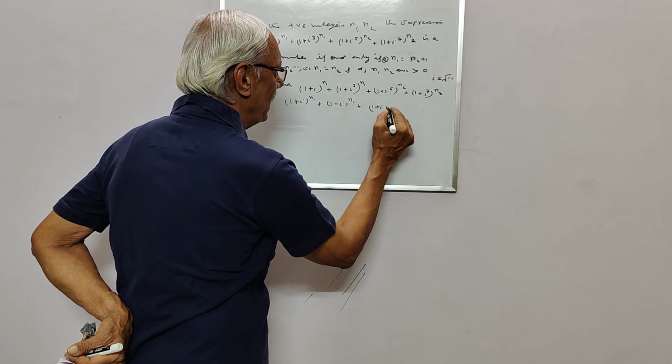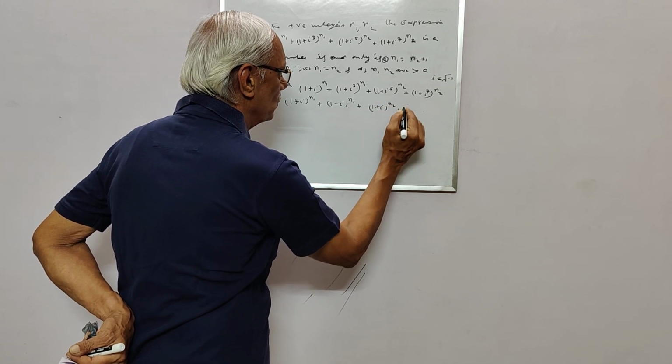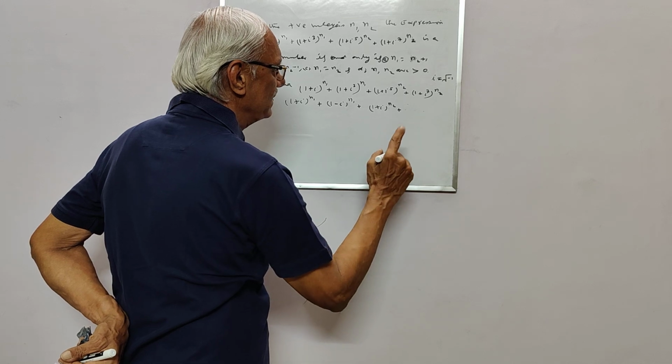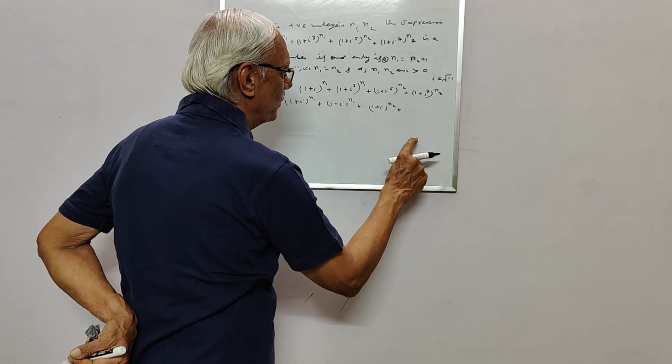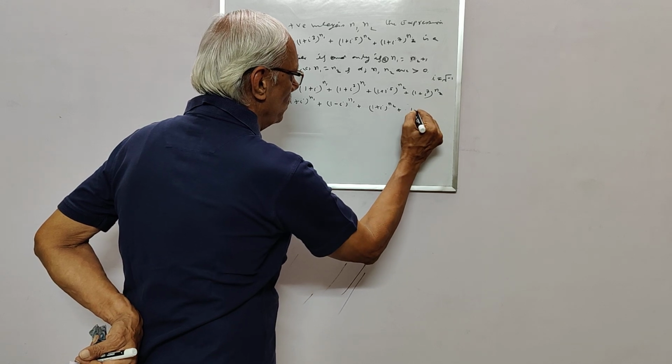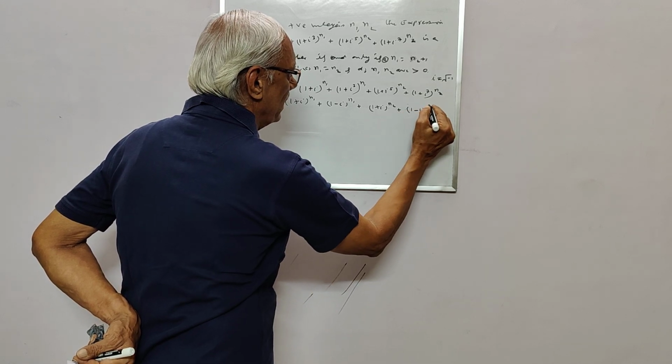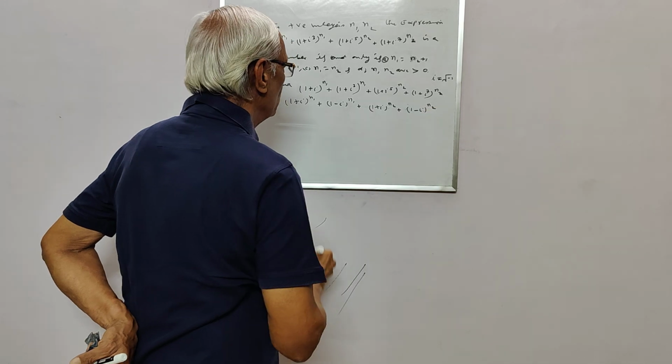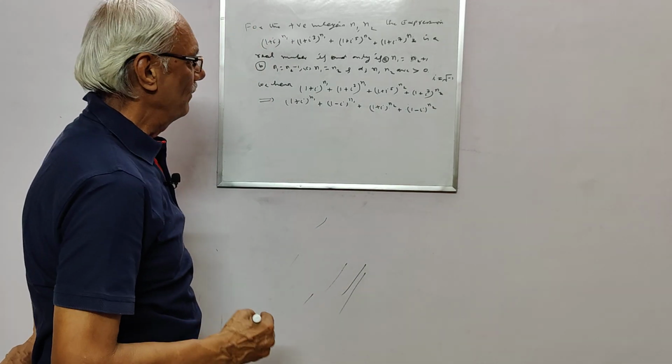So 1 plus i whole to the power of n2 plus i to the power of 7, which is minus i. So 1 minus i whole to the power of n2. So this is what you have.